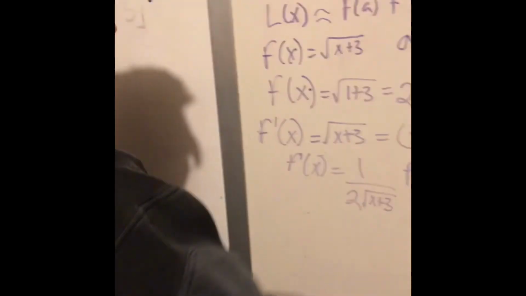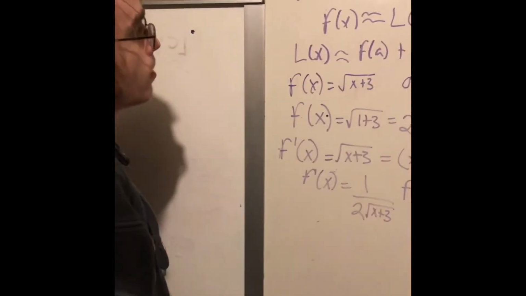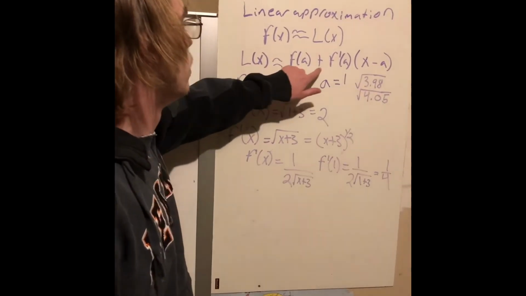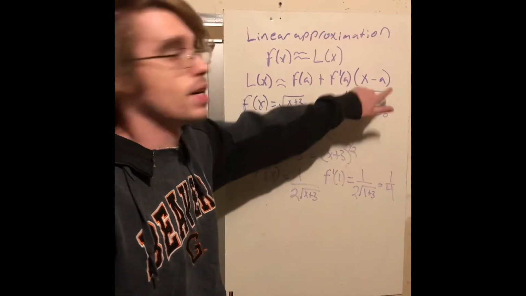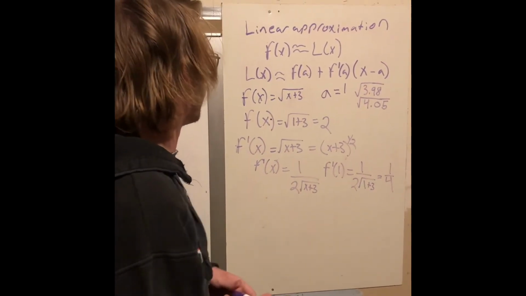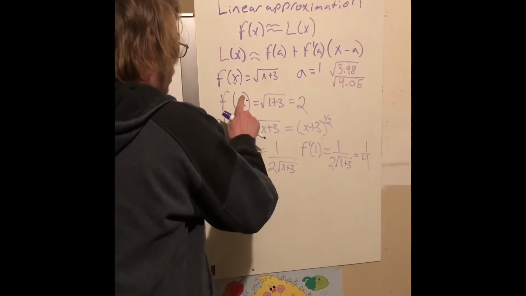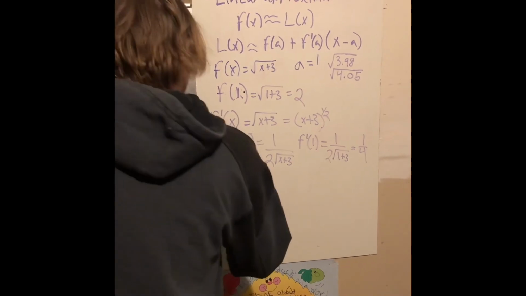So what the heck are we going to do with that? Well, as you can see here, I have some preliminary notes that have already been written up here. L of x is approximately equal to f of a plus f prime of a multiplied by x minus a. So we're going to take our original f of a, so f of 1 in this case, that's going to be 2.